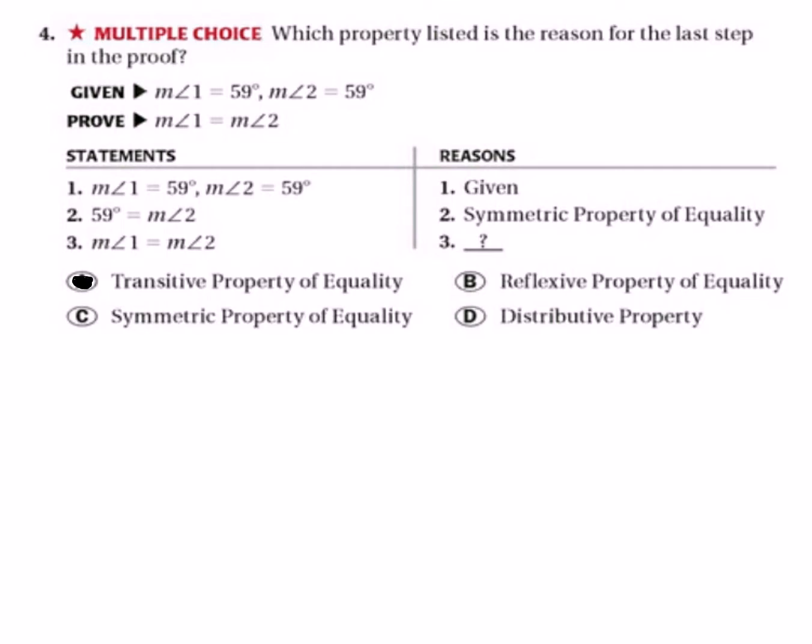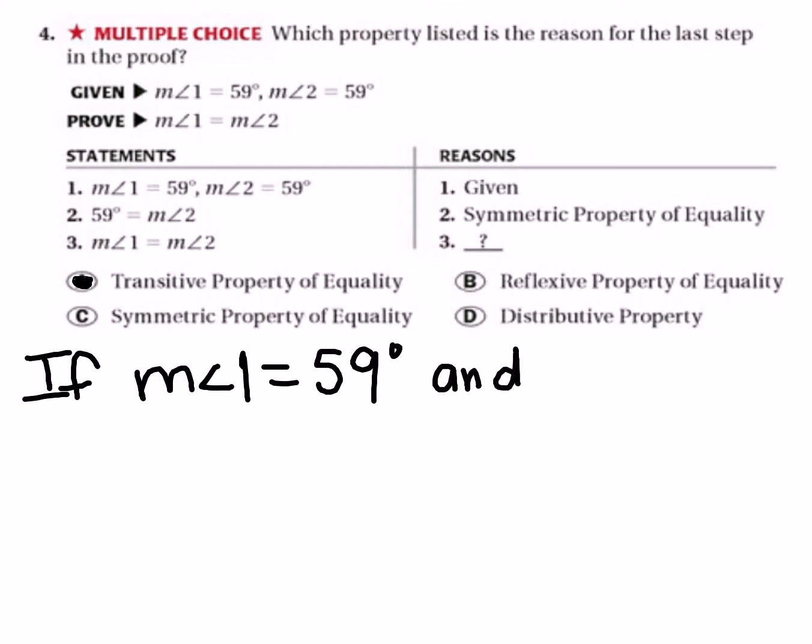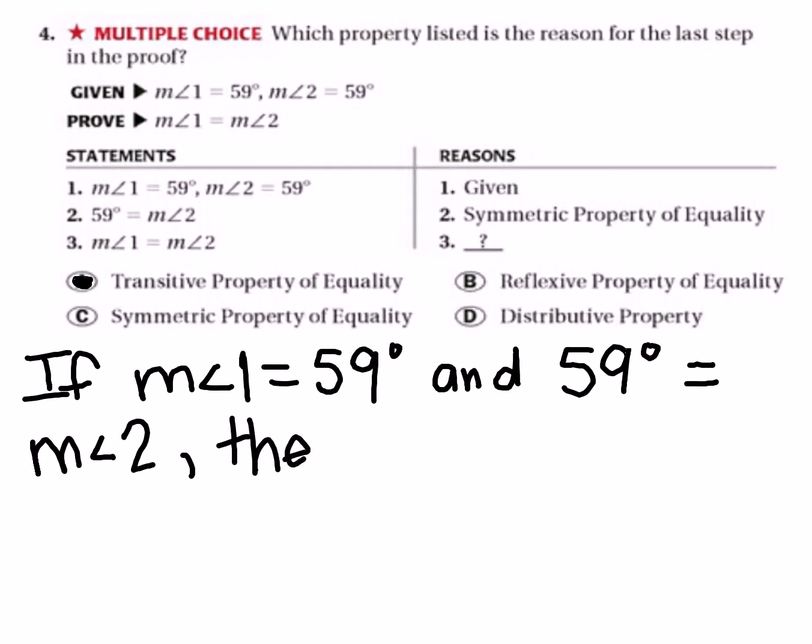So if I rewrite this, and you want to think back to your theorem and look at that as well to help you, I would say if the measure of angle 1 is 59 degrees and 59 degrees equals the measure of angle 2, then the measure of angle 1 equals the measure of angle 2.